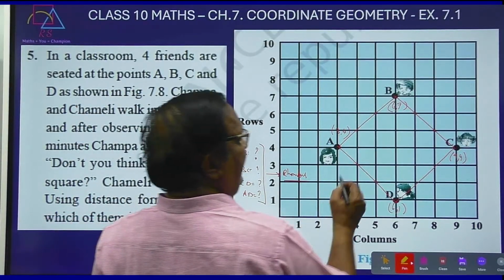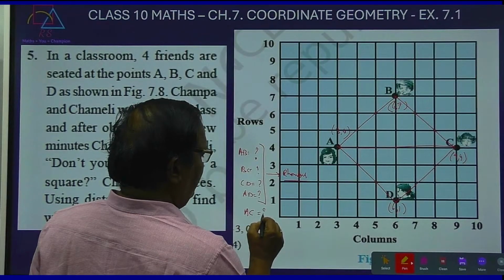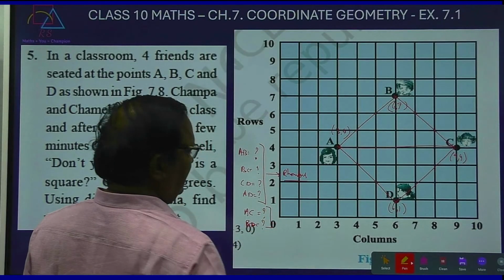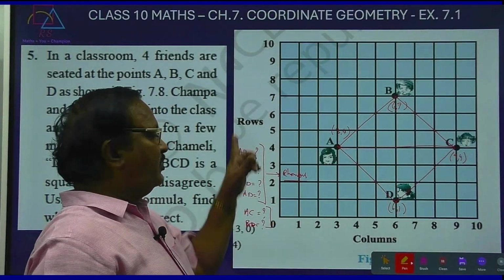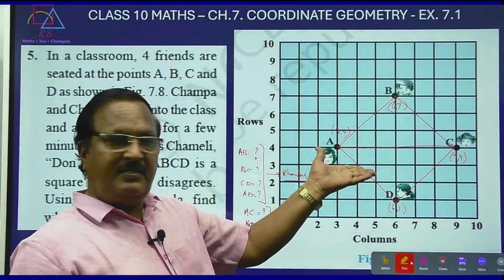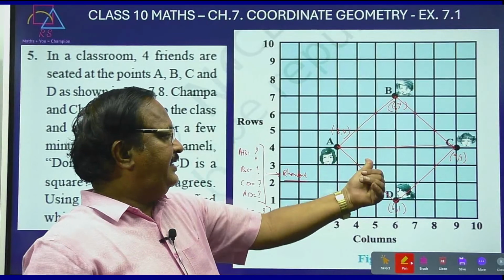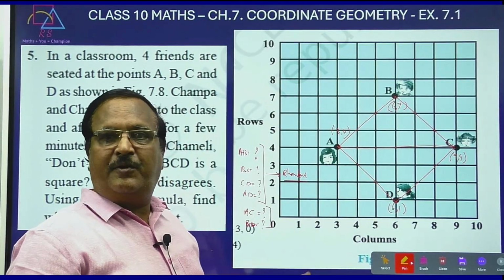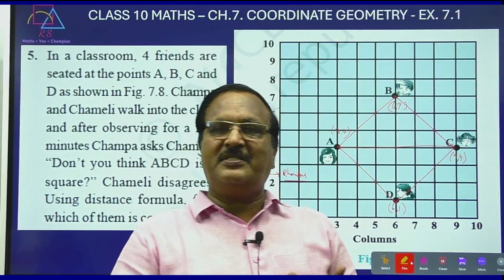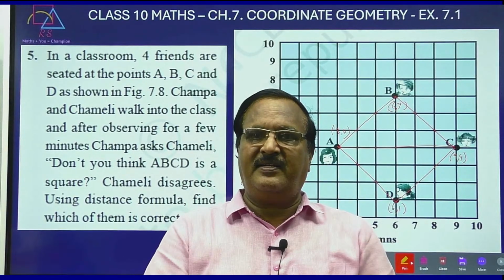You find out the diagonals also. That means find out how much AC is and how much BD is. These two are diagonals. So you have to find out 4 sides, and from that you will come to know whether this is a rhombus or not. Then if you find the diagonals AC and BD, and in the rhombus the diagonals are equal, then it is a square. A rhombus whose diagonals are equal is a square.